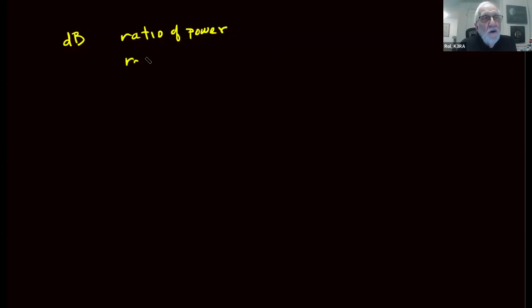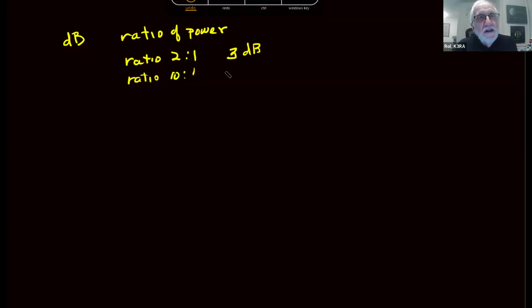And a ratio of 2 to 1 is 3 dB. In fact, that's really all you need for the test. And a ratio of 10 to 1 is 10 dB.